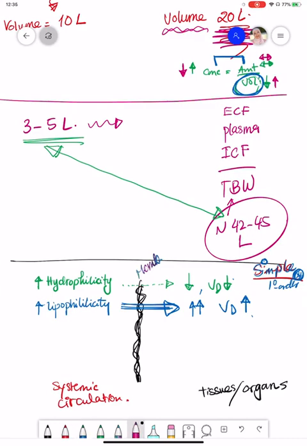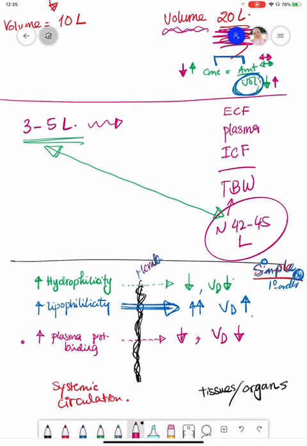Another thing, if we are talking about drugs with a higher plasma protein binding, okay? If the binding at this site is higher, it means that the transportation or distribution to tissues and organs is less, which means that the measured apparent volume of distribution would be less.